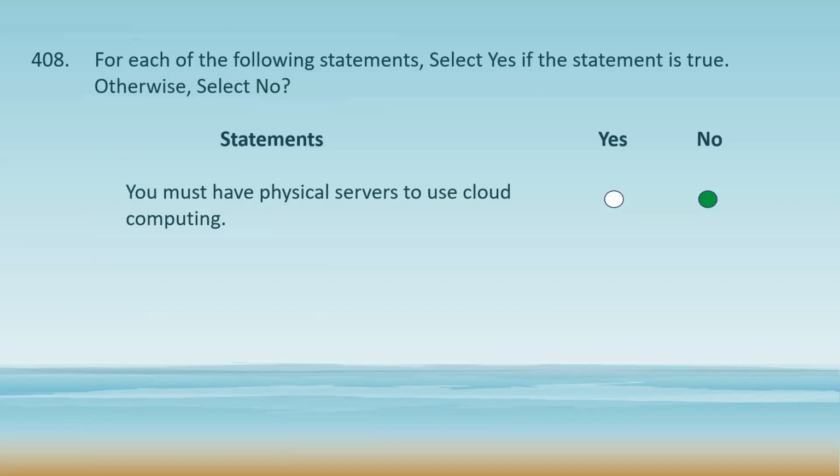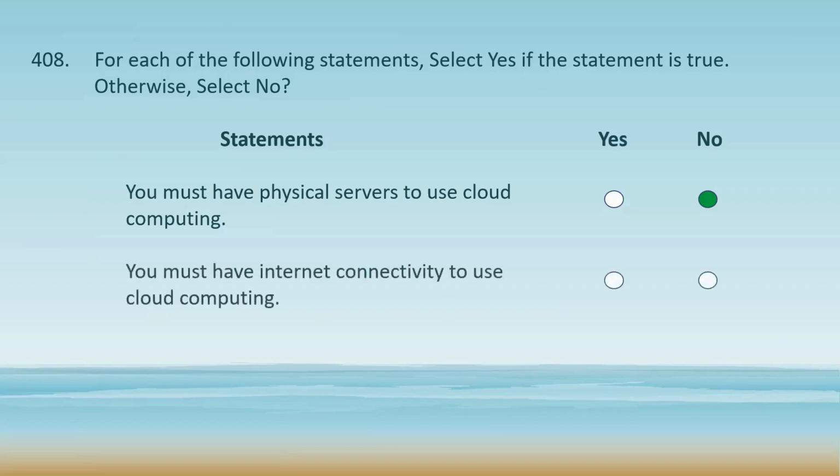The next statement is: you must have internet connectivity to use cloud computing. This is also an incorrect statement, folks. In the case of Azure, you can access the services through a dedicated connection like Azure ExpressRoute, where you access Azure services over a private connection with the help of a connectivity provider.